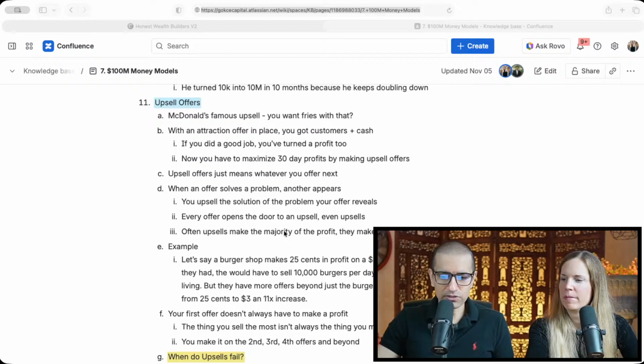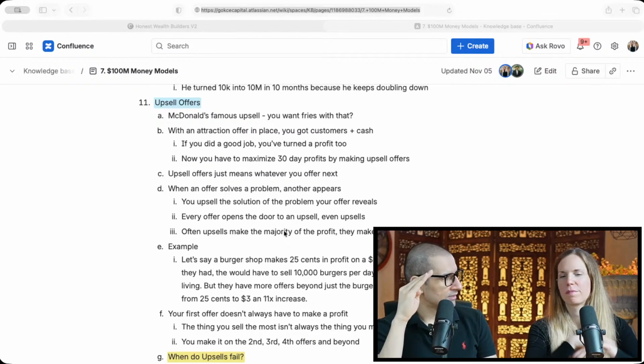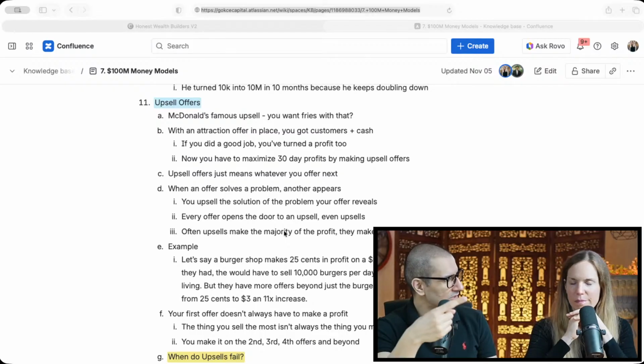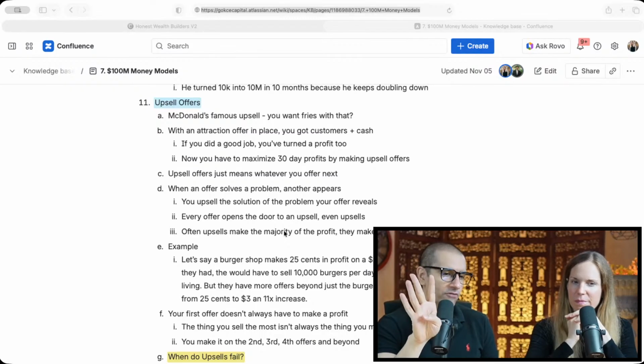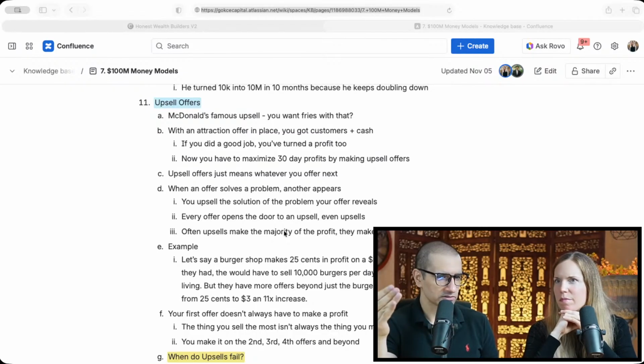There are 4 kinds of offers: attraction offers, upsells, downsells, and continuity offers. These are the only 4 kinds of offers that go in a money model. We finished the attraction offers. Today we're starting the upsell offers, and there will be different types of upsell offers that we'll look into.